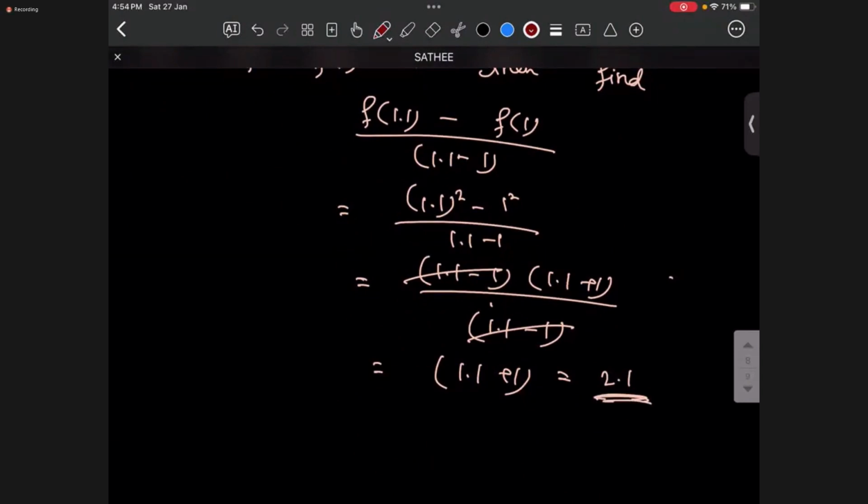So thus we can apply the formulas and easily calculate the value of a given function at a particular point. And this kind of question can clearly be asked.